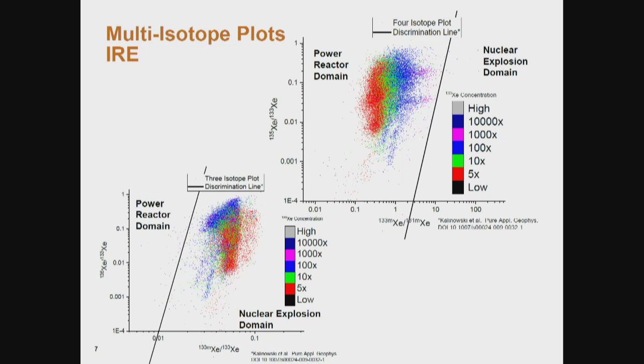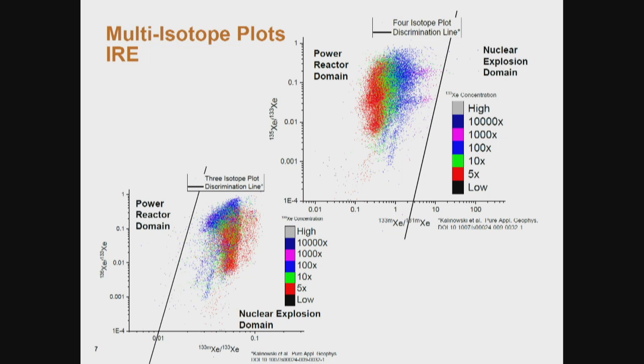The other thing that you see, the color scheme, is the concentration of xenon-133 that was measured in each individual data point, and you see in general, as you go higher in xenon-133 concentration, you go higher in the 135 to 133 ratio. You see trends in the data that correlate to xenon concentration.